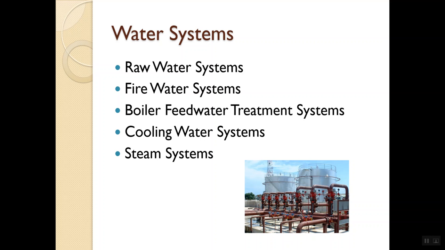A lot of times it's a diesel generator, so that even if we lose power, say a really catastrophic earthquake, thunderstorm, or if we're down in the Gulf area, a hurricane, we could still have a fire in that case, and we want to be able to put the fire out, so we always have backup systems for that. So you'll see that it's separate from a lot of the other water systems.